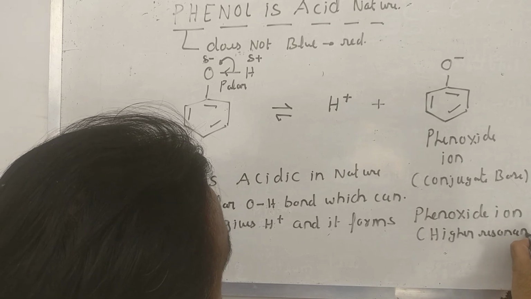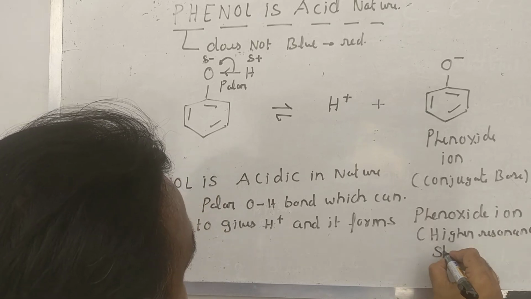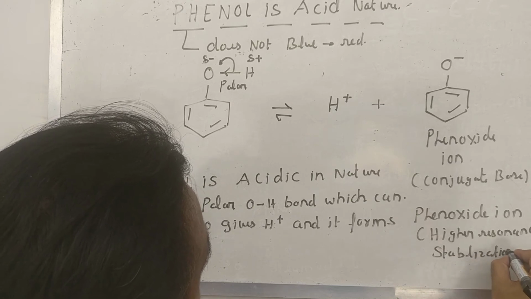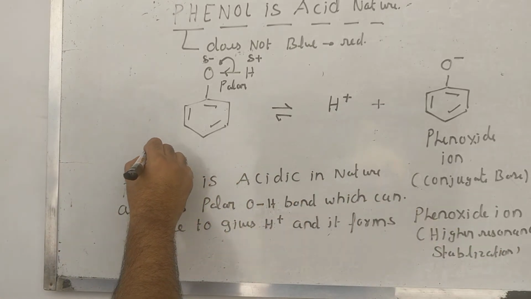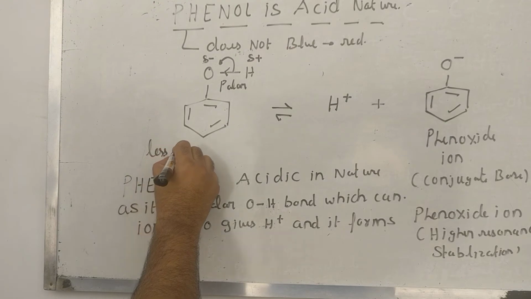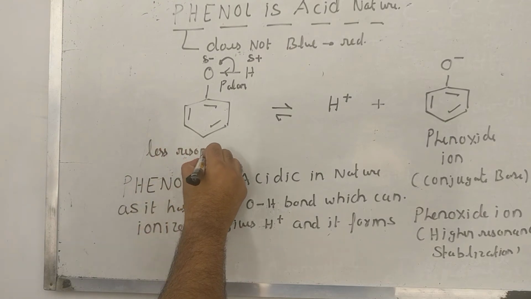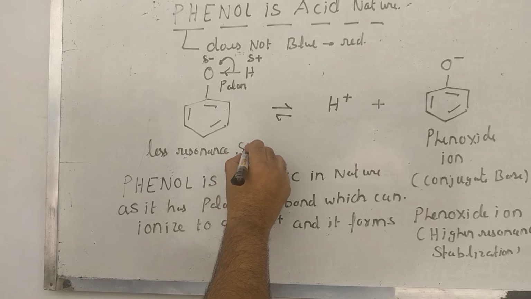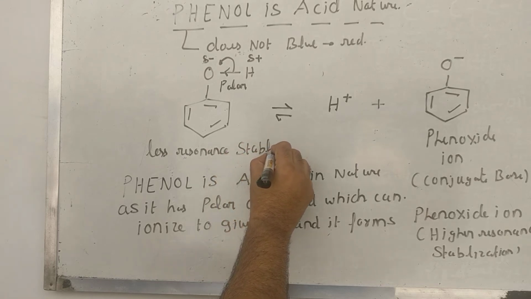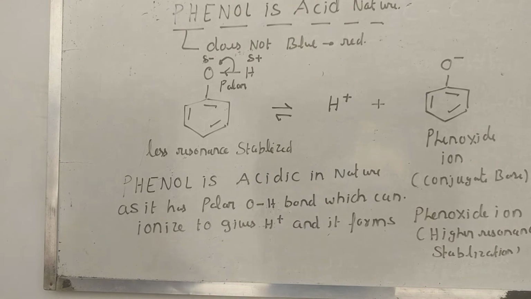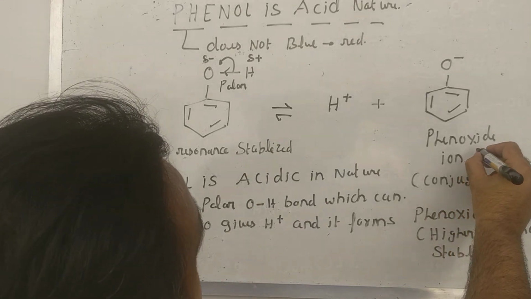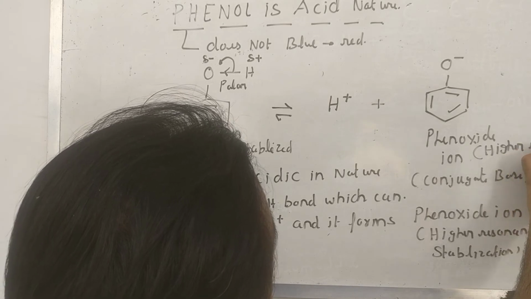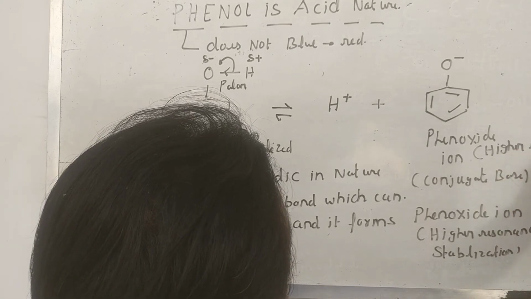I'll just prove why it has a high resonance stabilization. In fact, phenol is also resonance stabilized, but it is less resonance stabilized. So phenol, which is less resonance stabilized, will convert into phenoxide ion, which has higher resonance stabilization, something very, very stable.